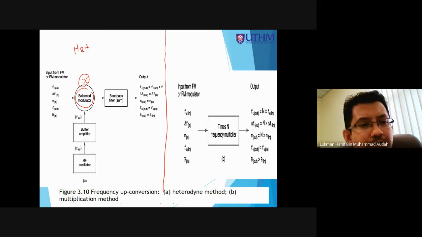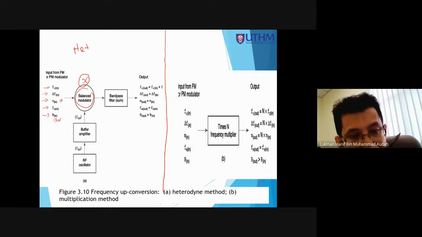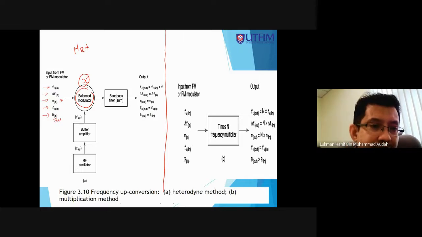Okay. So you see that input from FM or PM modulator. So daripada input sini kita akan ada beberapa faktor, beberapa parameter. Okay. Di sini ada carrier, input carrier, delta F input. This is a beta. M di sini adalah beta. Modulating frequency input and also the bandwidth. Ini adalah bandwidth. And then we put inside into the balance modulator.